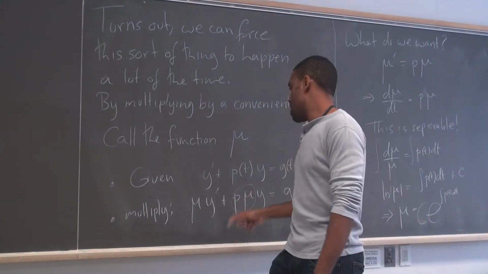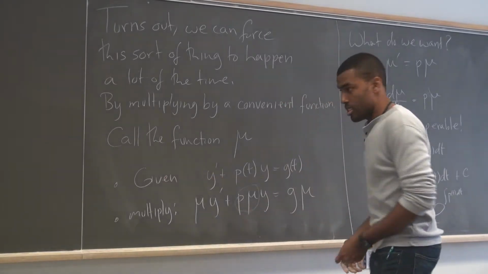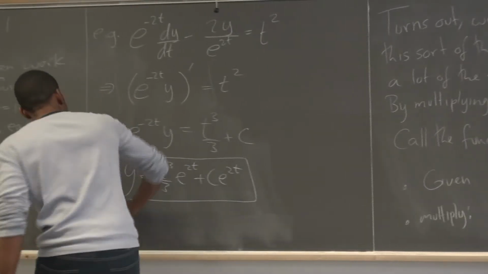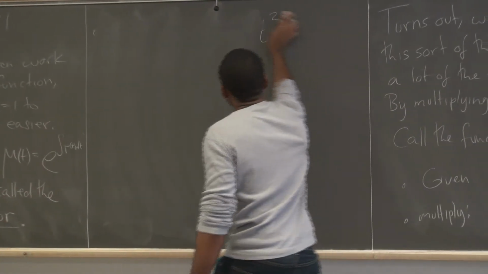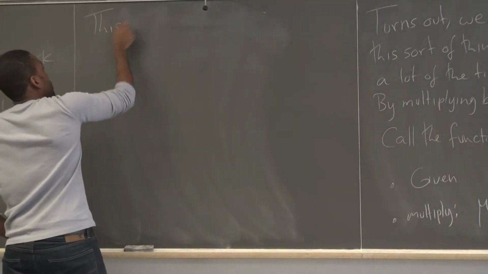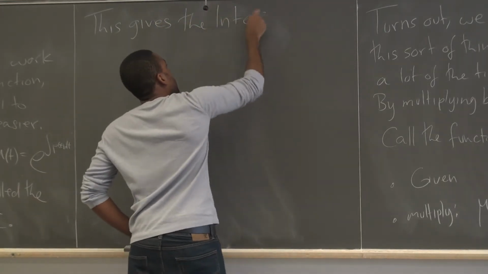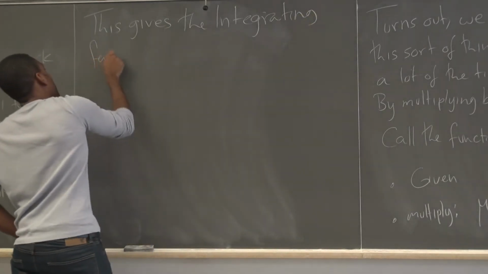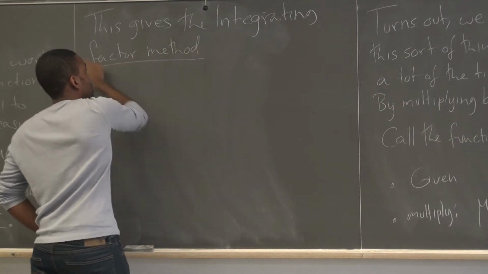And once the functions are nice enough for me to integrate, I can solve it. So this leads us to what we call the integrating factor method, the method of integrating factors.